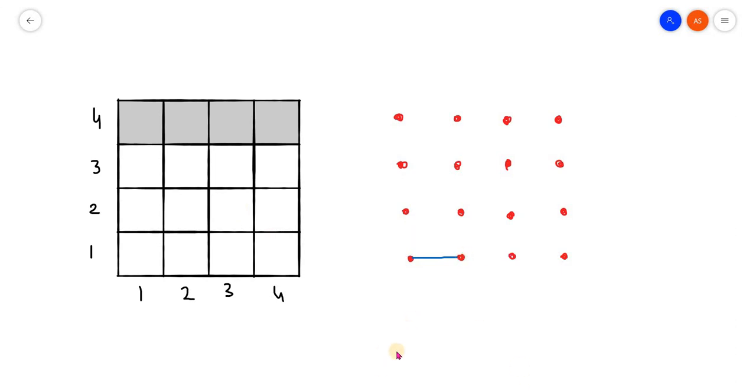So now let's make it like this. It means there will be no connection to these nodes here because there is an obstacle here, but there is a connection here. So there are always horizontal or vertical connections to the neighboring nodes here.